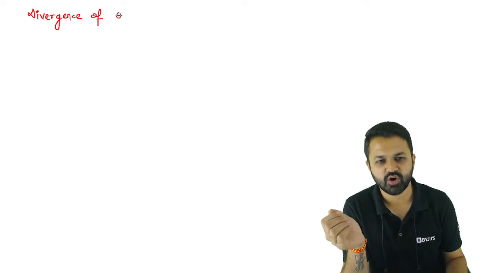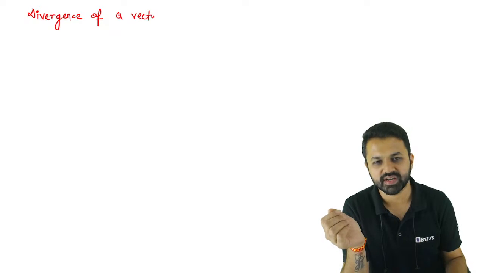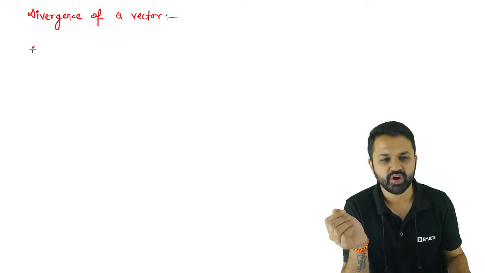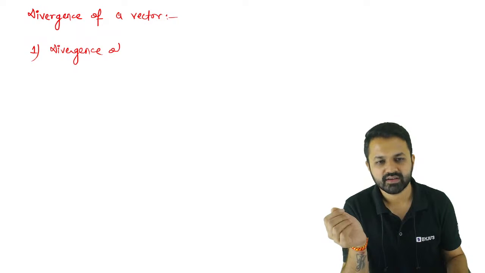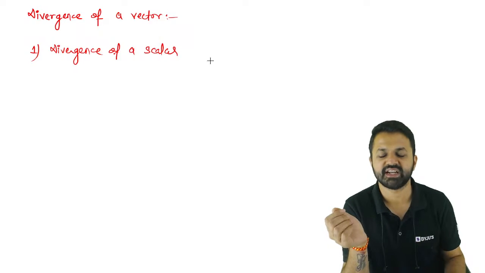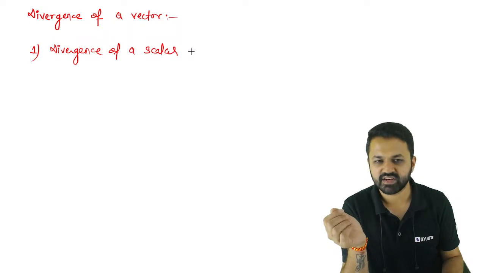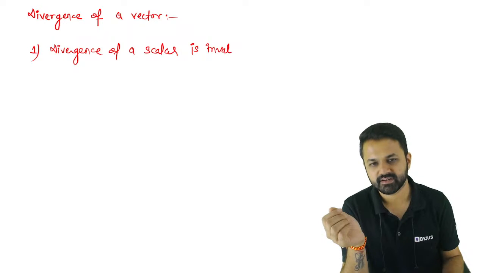Divergence of a vector is always calculated. First point, divergence of a scalar. If somebody asks you what the divergence of a scalar is, the divergence of a scalar is an invalid statement.